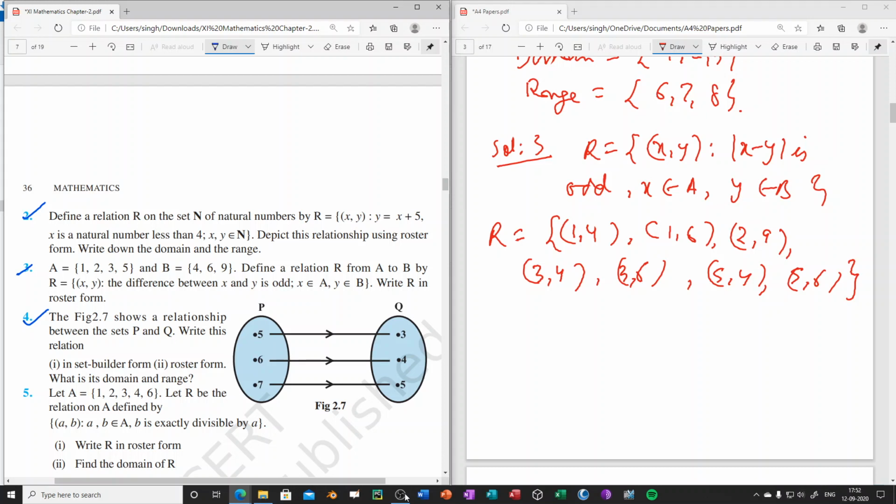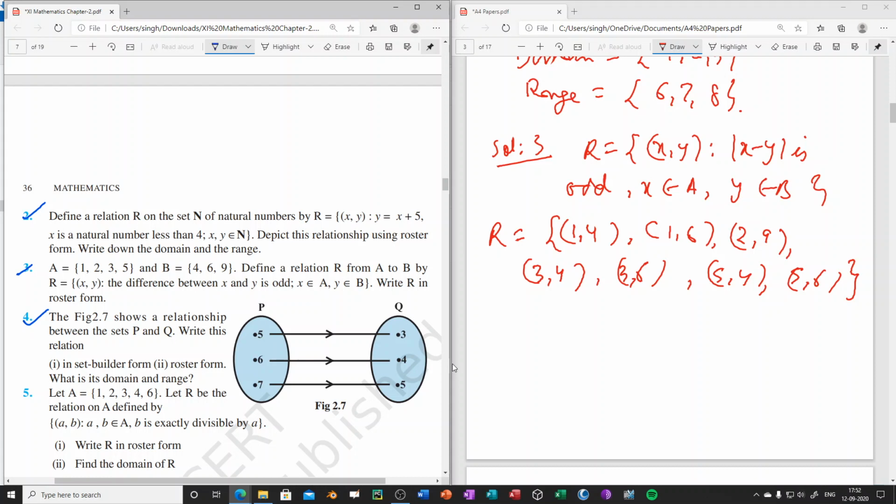So what is the difference? If from 5 we remove 2, we get 3. Similarly, from 6 if we remove 2, we get 4, and from 7 if we remove 2, we get 5. This is how we can get an idea of how to write the given relationship in set builder form.